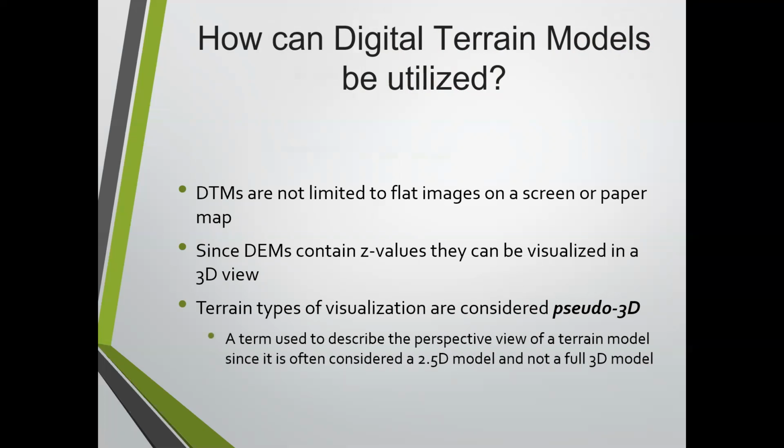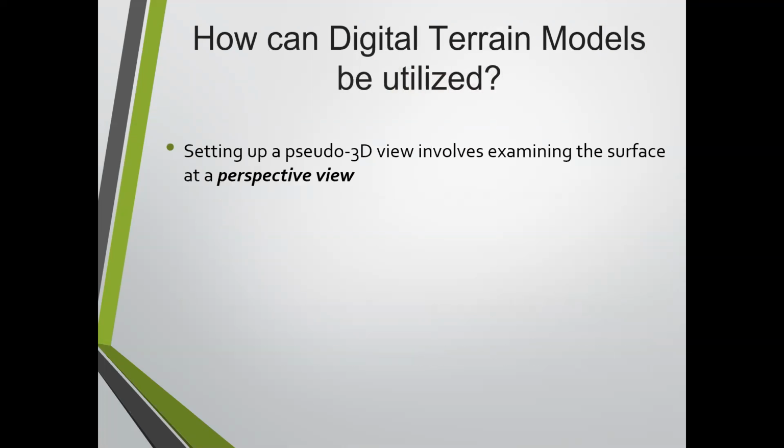So this allows you to describe a perspective view, a terrain model. Since it's often 2.5D, you're not getting a true 3D, you're just getting, say, the ground surface. You're not getting all the structures, but for our purposes, we don't want to see all that stuff anyway. We would like to see just what's happening on the surface.